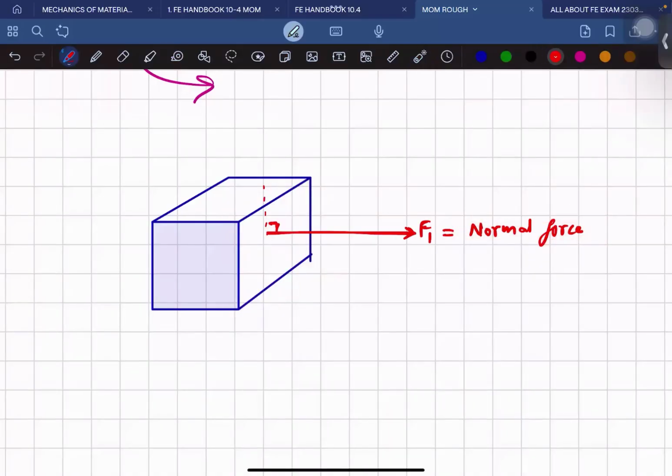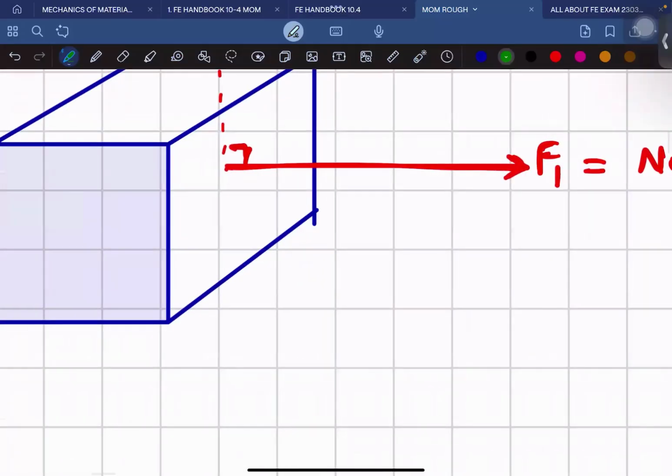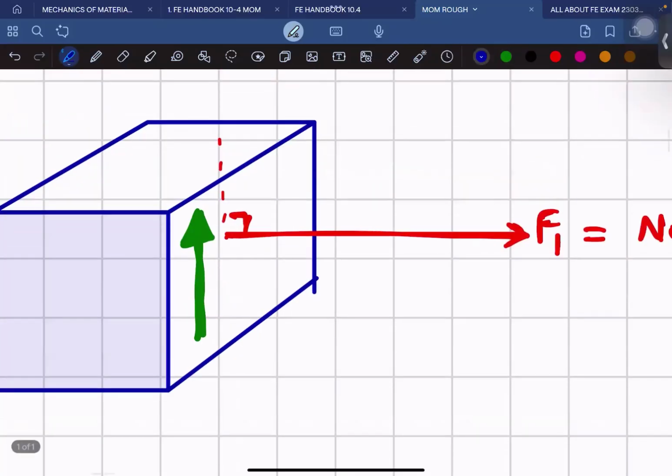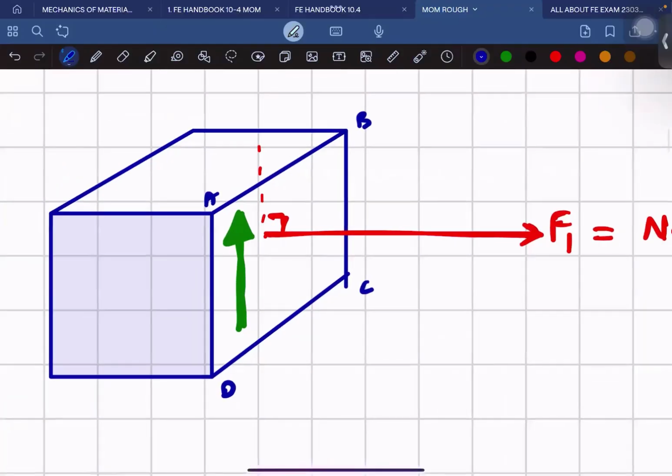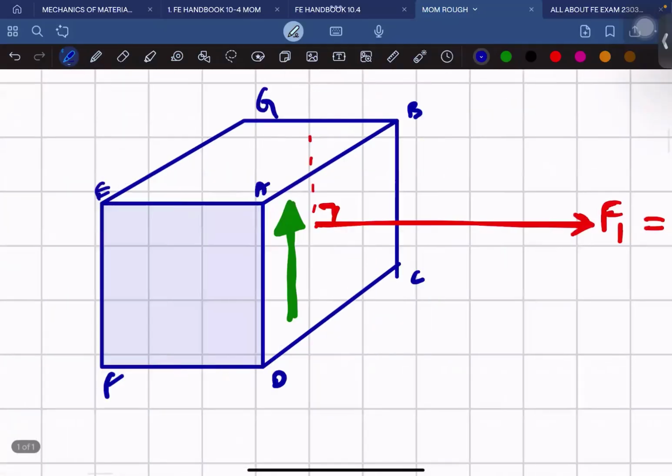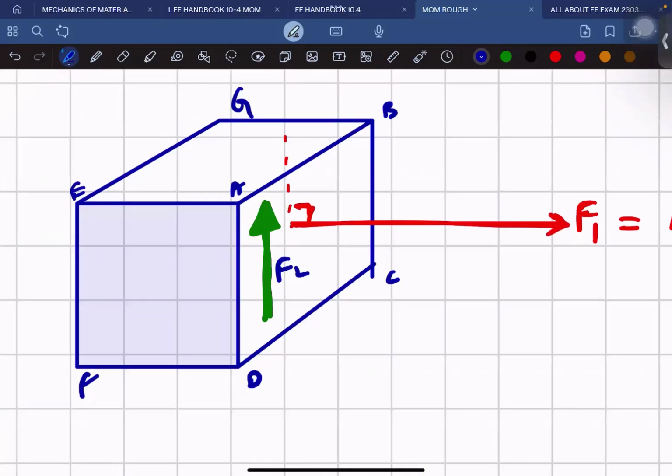Then if I apply some load parallel to the plane, if I name this plane A, B, C, D, E, F, and G, since this force F2 is acting parallel to the plane A, B, C, D, we call this force again the shear force. It's not a normal force.